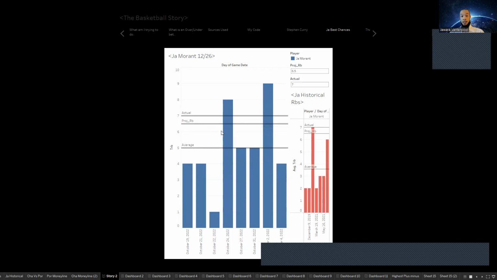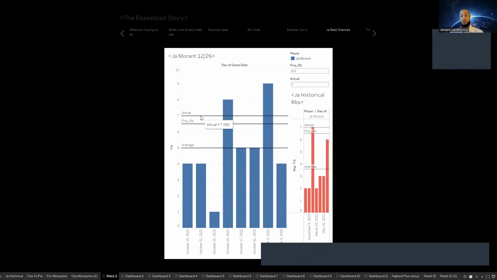Ja Morant had a huge chance of going under his projected value of 6.5 rebounds. Just a couple days ago, the day after Christmas, actually, all statistics pointed to him going under the projected value. And due to a lucky bounce, or some statistics that I just don't have access to or the knowledge or ability to analyze, he gets that lucky bounce and goes over.